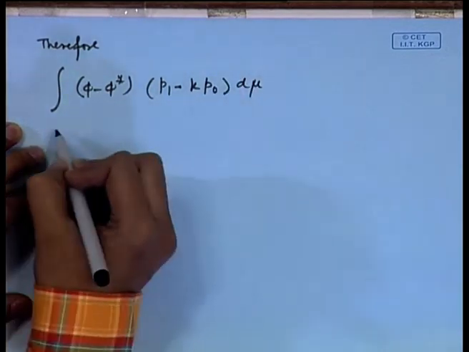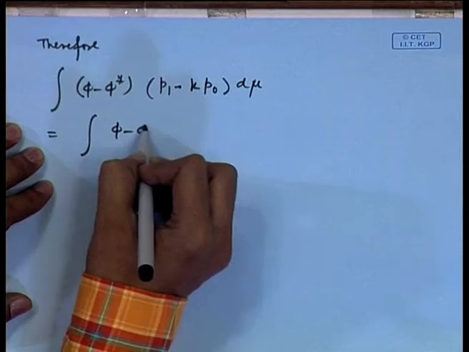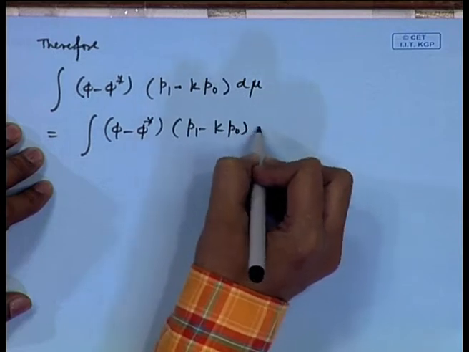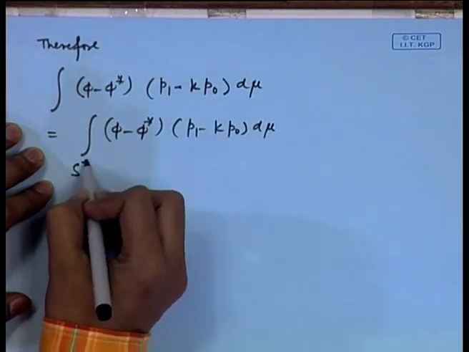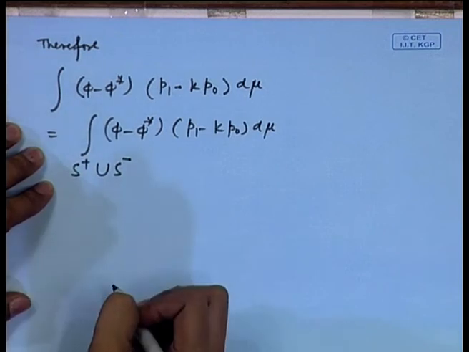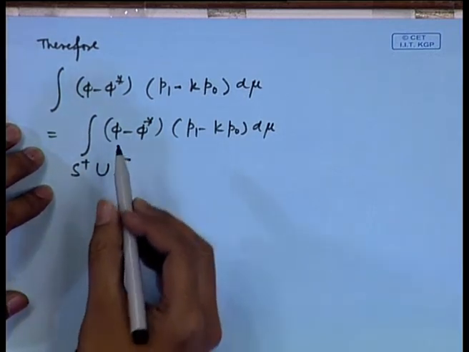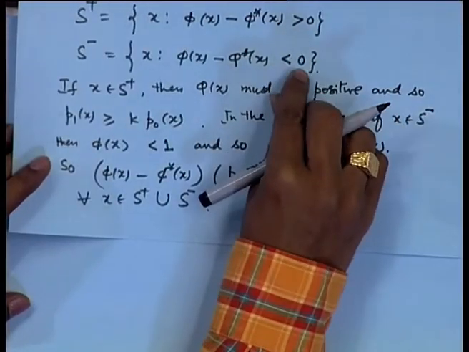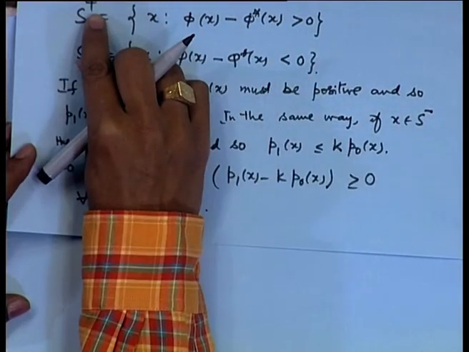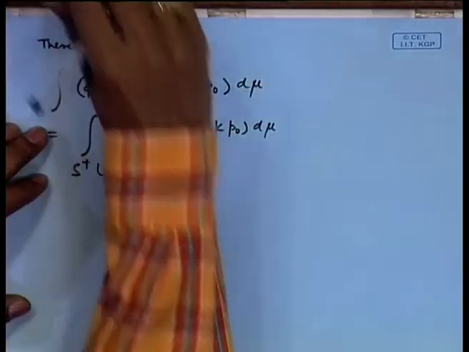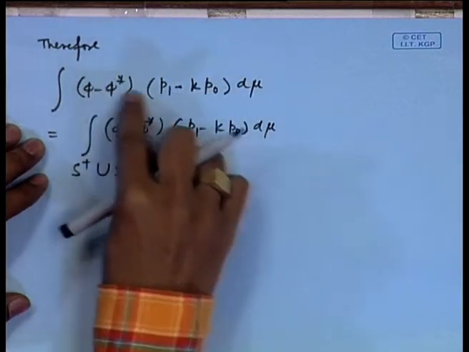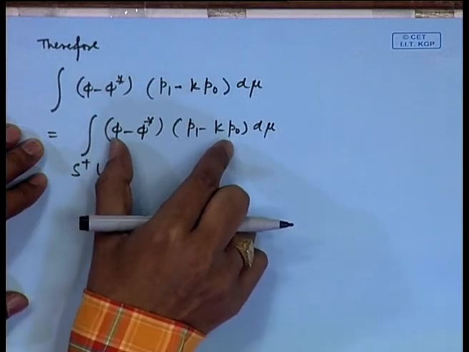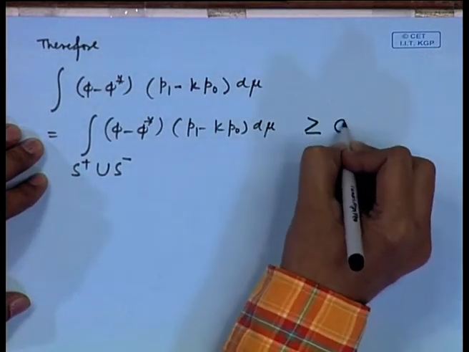So, this integral will be equal to the integral over the region, okay. So, we have exhausted all the regions, because over S plus this term was positive and over S minus it is negative. If we go out of S plus and S minus, then this will be equal to 0. So, in that case the integrand will become 0, so we can ignore that. So, we are looking at only the portion where it is non-negative and this is greater than or equal to 0.